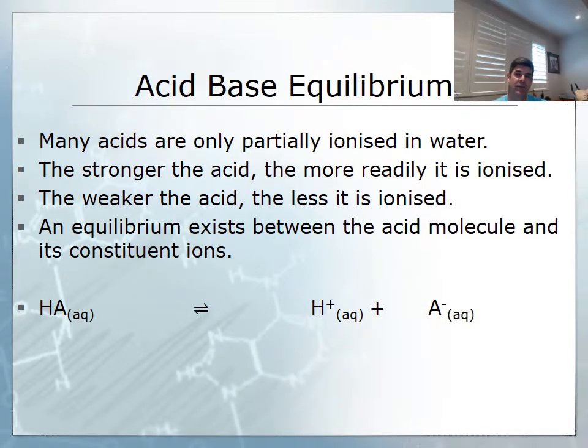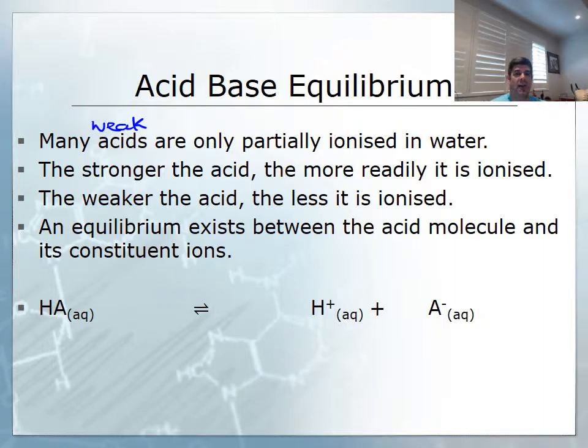So we've kind of looked at equilibrium systems already, and the main thing when we're looking at acid-base equilibrium is that many acids are only partially ionized in water, what we're talking about is ones that are weak.